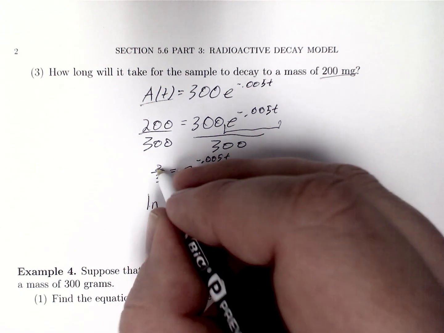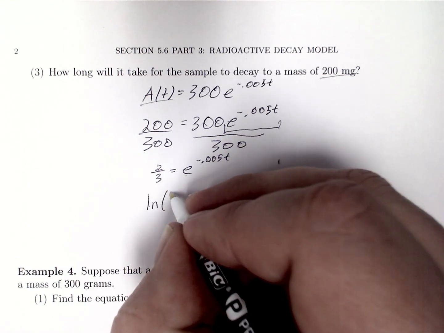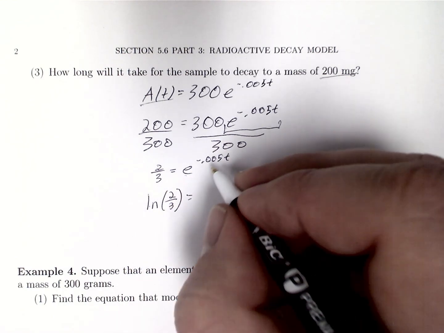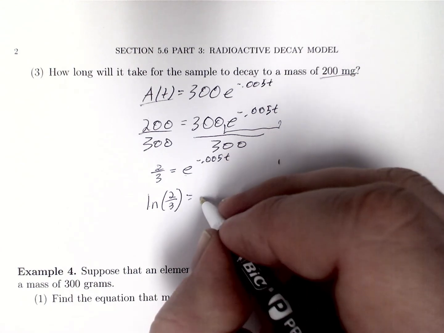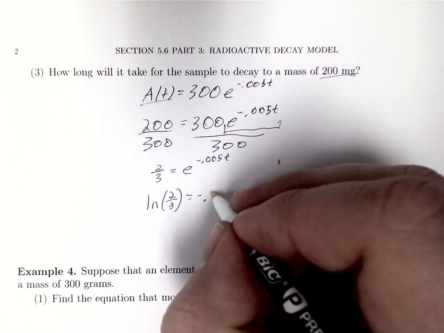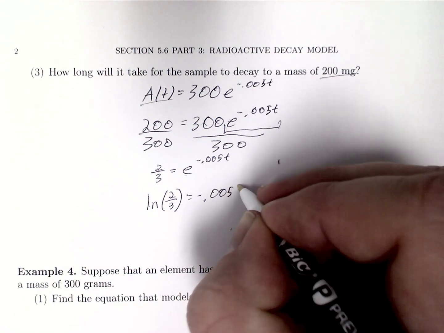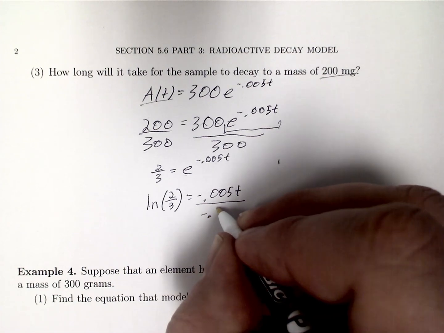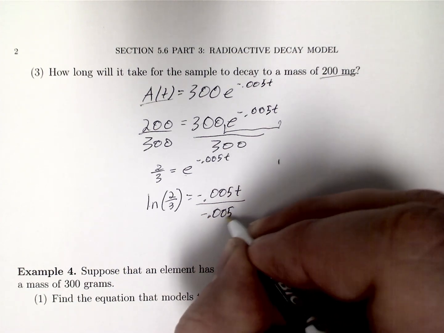The output of an exponential is the input of a logarithm, and the input for an exponential is the output. So the exponent becomes the output of the logarithm. Negative 0.005t is what it's equal to. Then to solve for t, we just divide by negative 0.005.